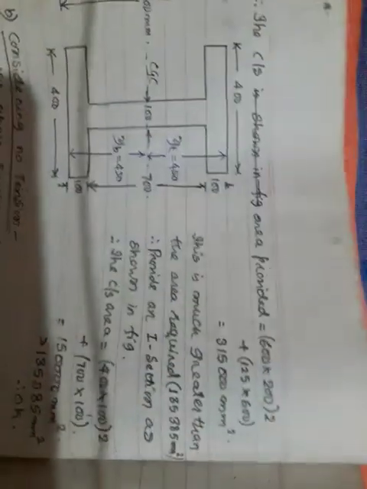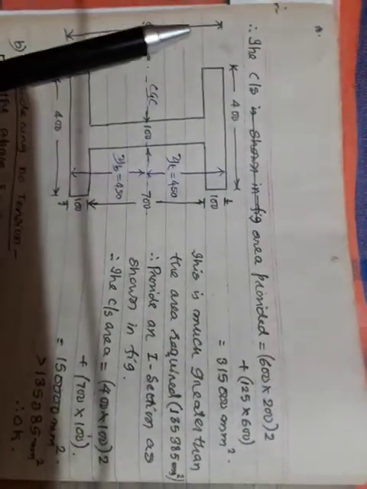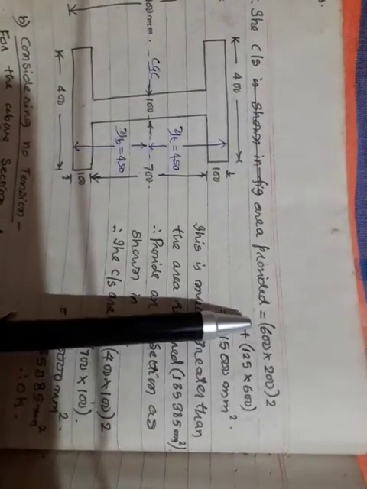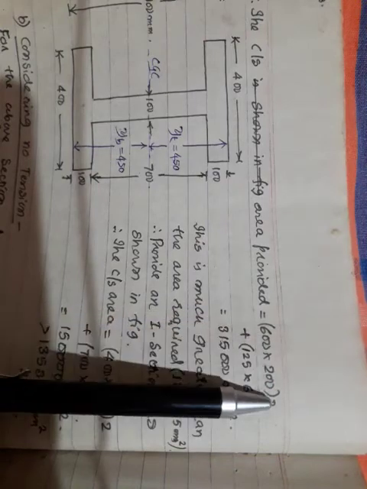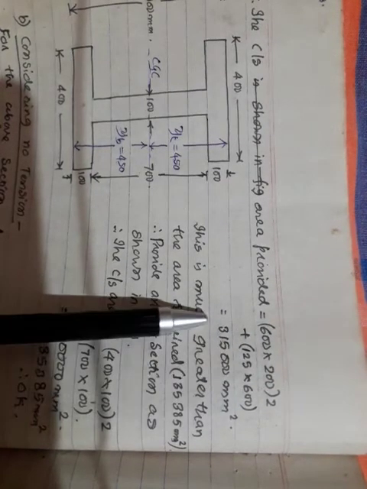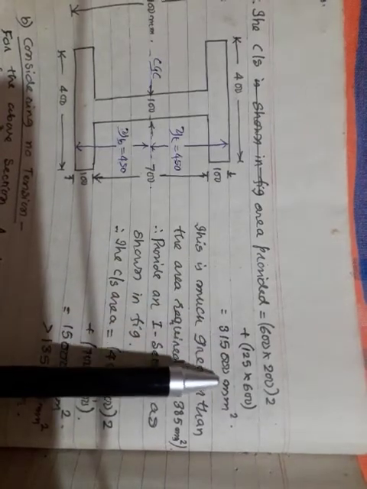Now I want to calculate the area of concrete provided. The cross-sectional area for this I section, with flanges 600 mm by 200 and the web 125 mm, gives 315000 mm square.